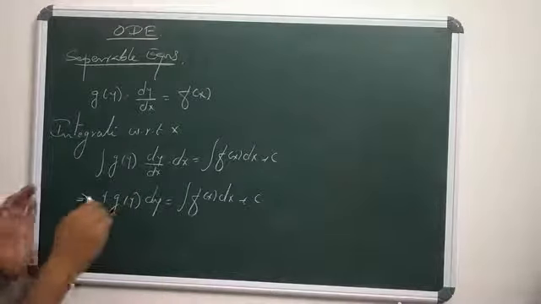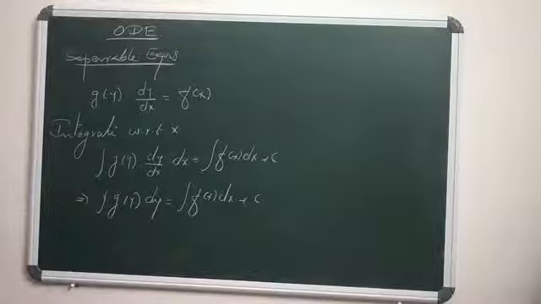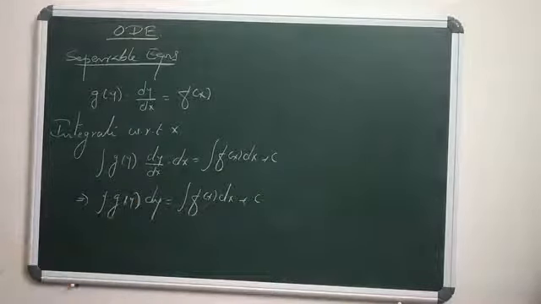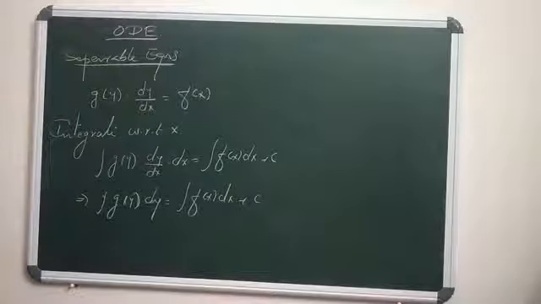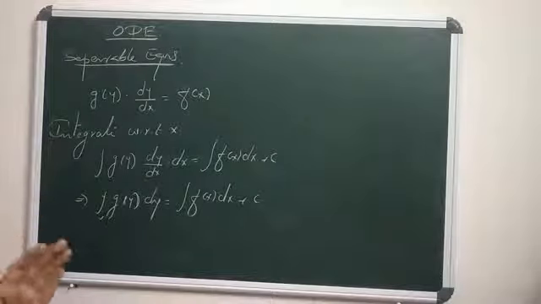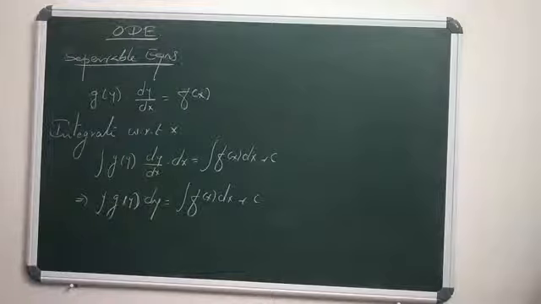That means it's a variable separable form, where g of y dy equals f of x dx. So the equation g of y into dy by dx equals f of x is called an equation with separable variables, or a separable equation, because the variables x and y are separated, so that the terms involving x and y appear only on the right and left side respectively.